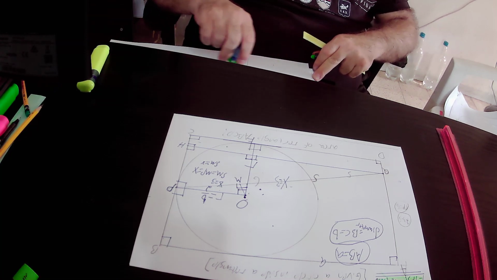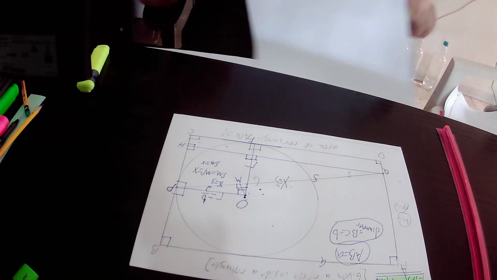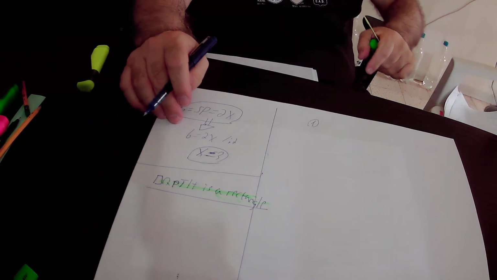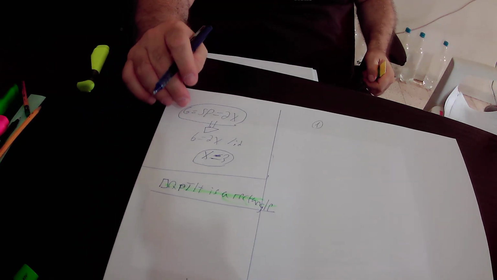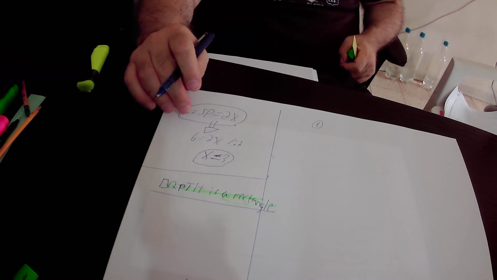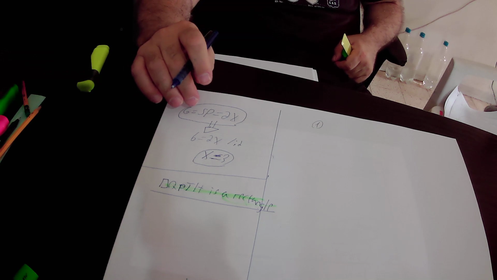I repeat again. Quadrilateral QPTH is a rectangle because it has 4 right angles. And we also know that the opposite sides of a rectangle are parallel to each other.